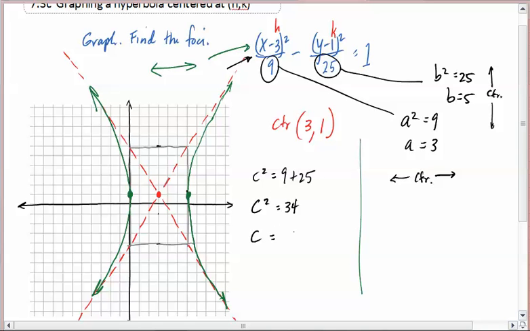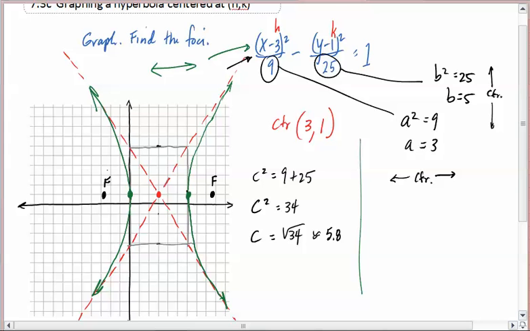We have c is the square root of 34, positive because we're taking distance, and that is 5.8. So we're going to go out. Make the foci up. We'll make them black. We're going to go out 1, 2, 3, 4, 5.8. There's one focus. Now remember, we're counting from the center out 5.8. From the center. 1, 2, 3, 4, 5.8. And there's my other focus.